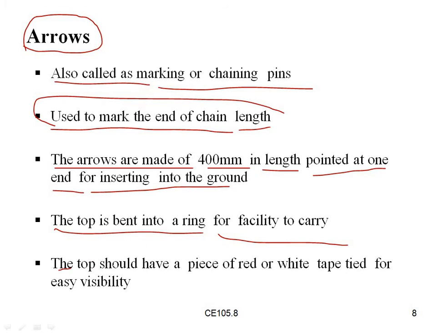The top should have a piece of red or white tape tied for easy visibility. So if you are doing the chain survey and want to clearly identify it, we can tie a cloth or a piece of colored paper, red or white, to see whether it is marked on the ground even from a far distance. So that is the purpose of arrows.